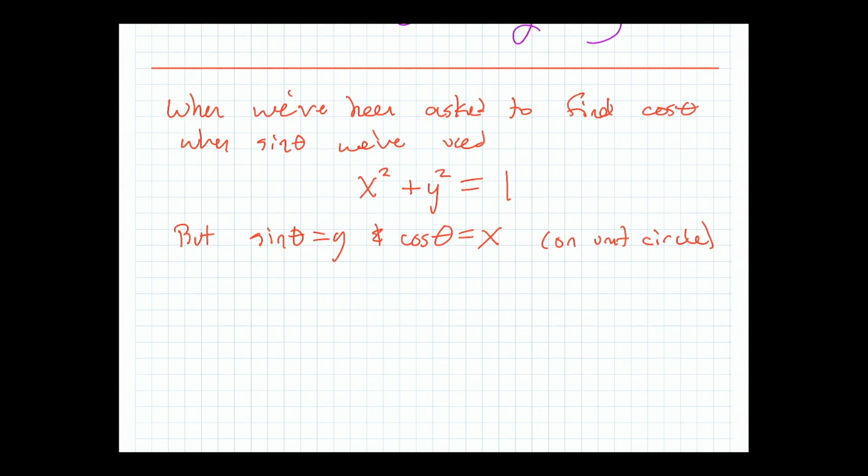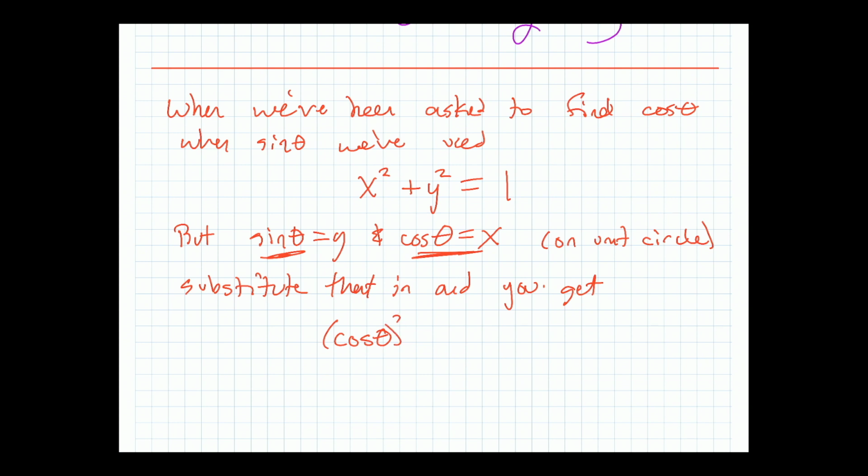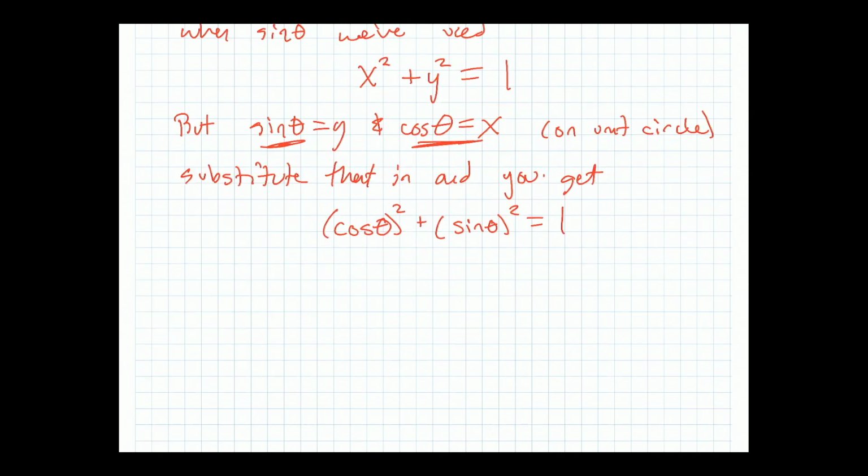And if you actually take these and you substitute them in that formula, you get cosine theta squared, that's x squared, plus y squared, which is sine theta squared, equals 1.